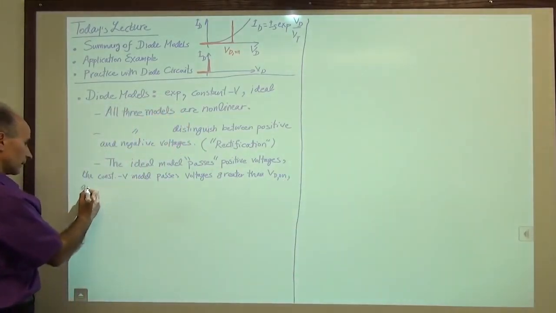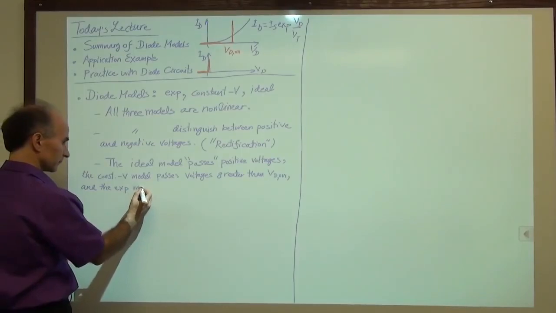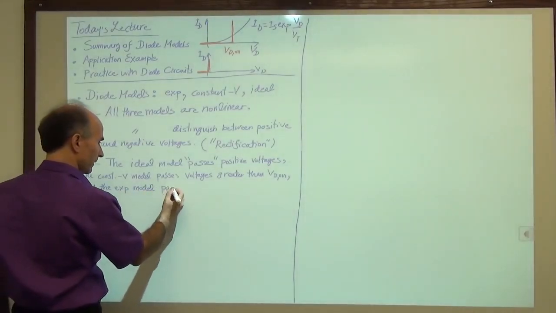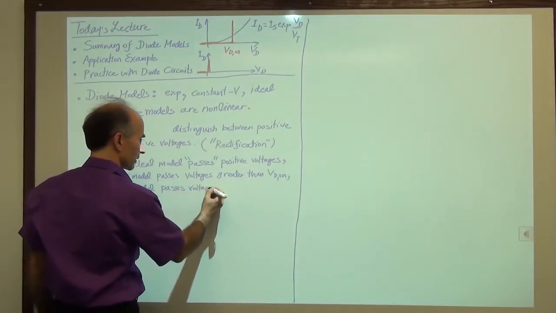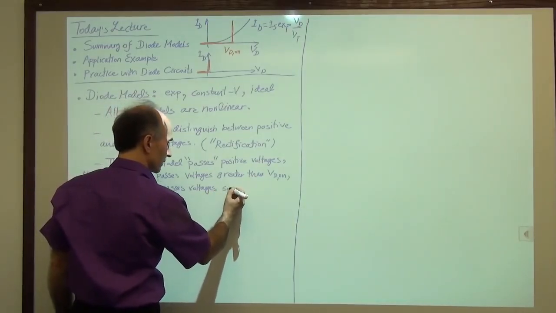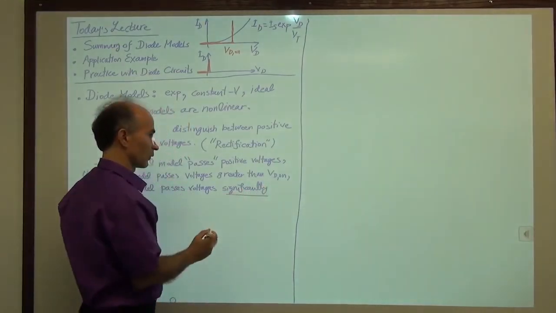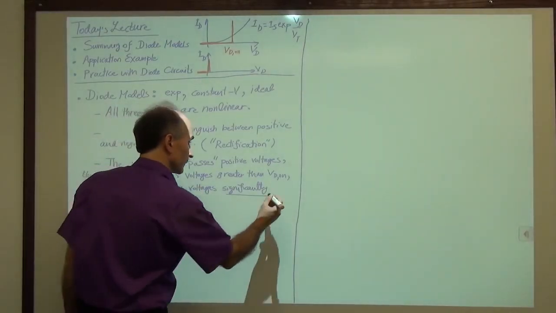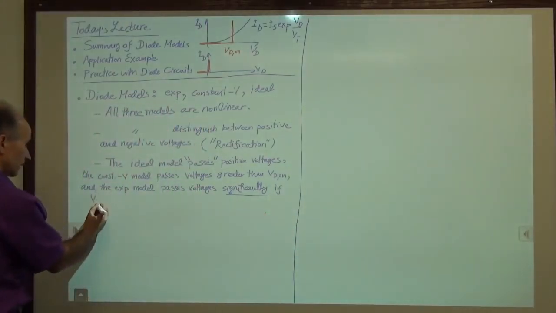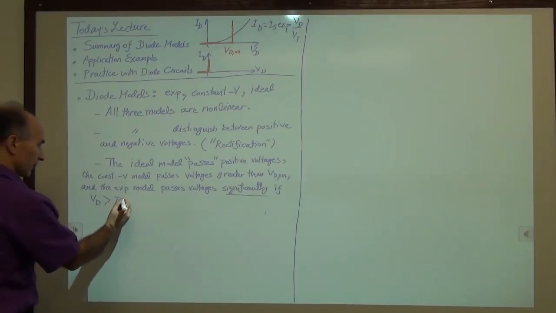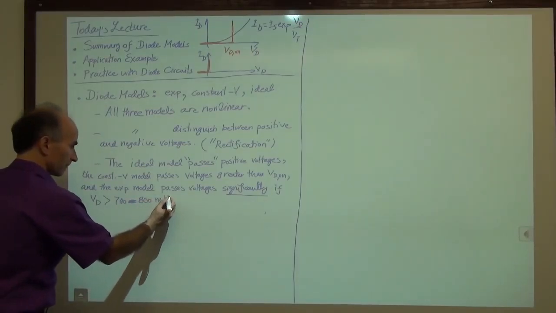And finally, the exponential model passes voltages significantly, so that's the key word here, substantially, if VD is greater than about 700 to 800 millivolts.